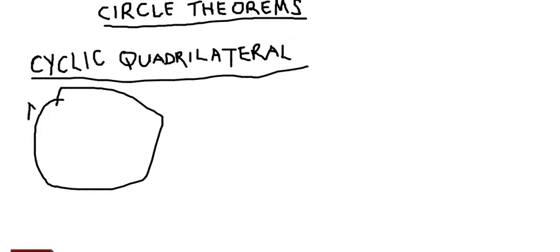Okay, let's say we have A there, B there, C there, and D here. If all the four corners or vertices of this quadrilateral are on the circumference of the circle, then we'll call that a cyclic quadrilateral.